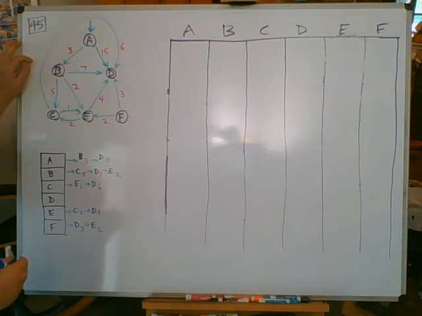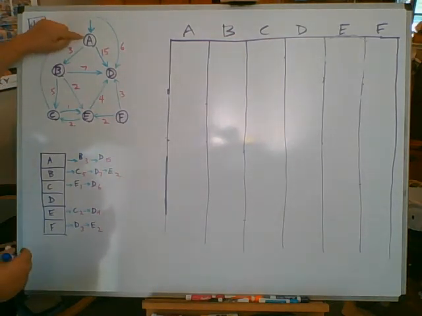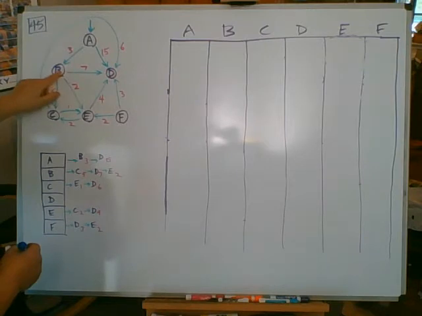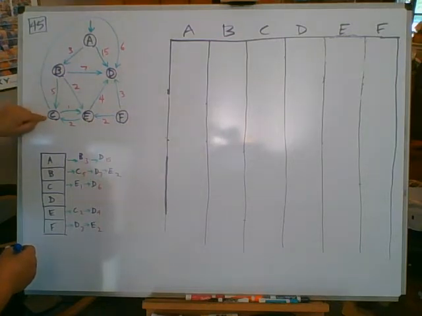Here is the multicolor graph up here, and I'll read this off in case you can't read this stuff. But I'll just say what the arcs are. A to B is 3. A to D is 15, B to D is 7, B to E is 2, B to C is 5.